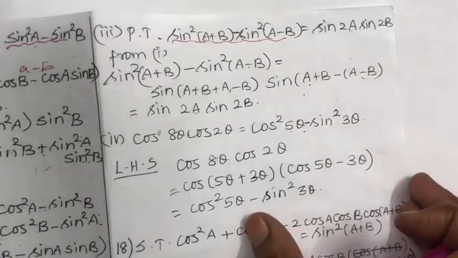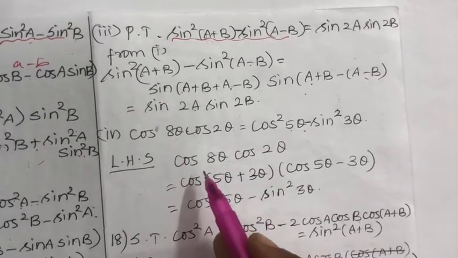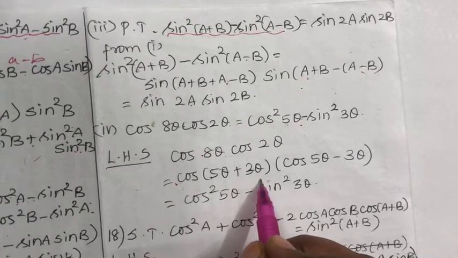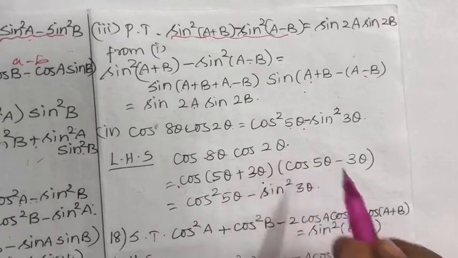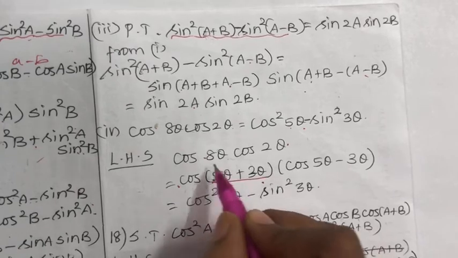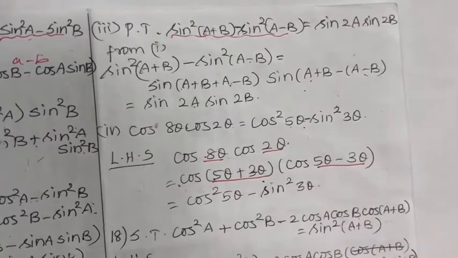So cos 8 theta cos 2 theta. I am going to write 8 theta as 5 theta plus 3 theta, and 2 theta as 5 theta minus 3 theta. 5 theta plus 3 theta, that is 8 theta. 5 theta minus 3 theta, that is 2 theta.